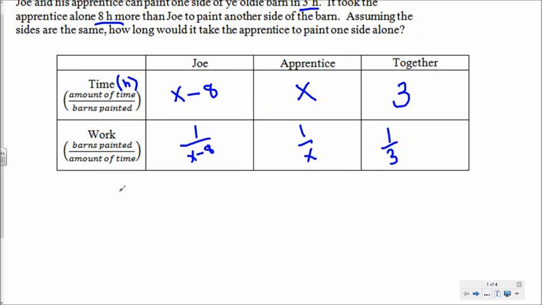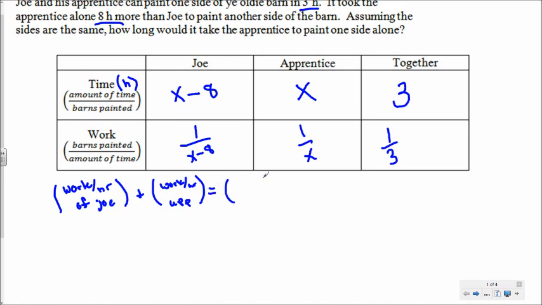So one way to set up this problem is to think about the amount of work per hour that Joe does plus the amount of work per hour of the apprentice would equal the total work per hour. And all of those variables are represented here.